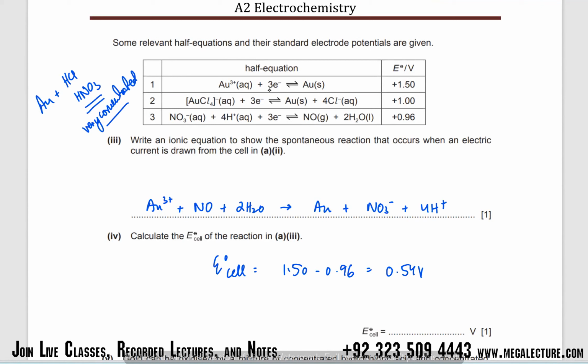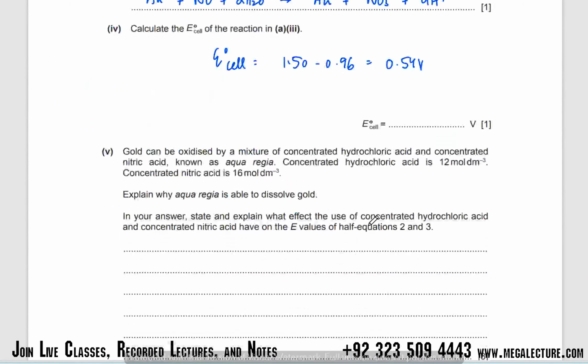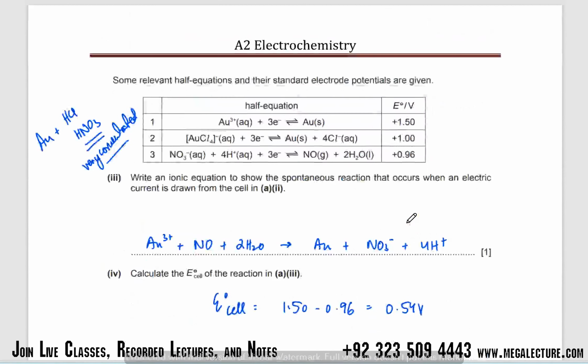So why does gold dissolve when... and they were very specific about the equations that you're going to discuss. So in your answer, explain what effect the use of concentrated hydrochloric acid and nitric acid have on E values of equations 2 and 3. So you're basically focusing on equation number 2 and 3. So 3 has nitric acid.